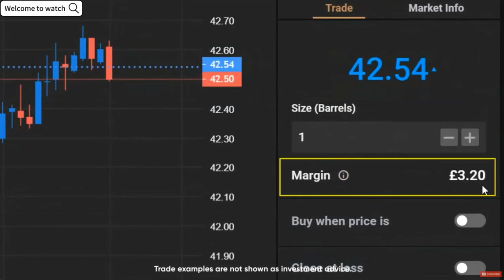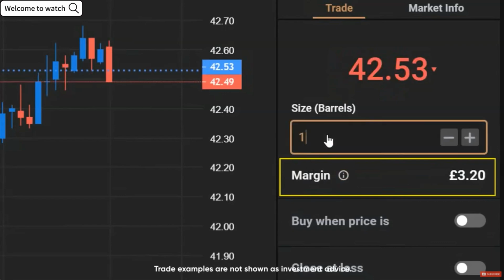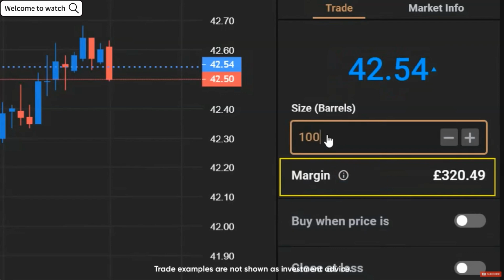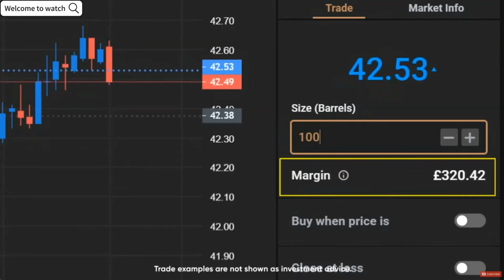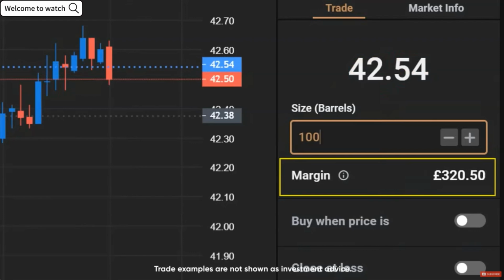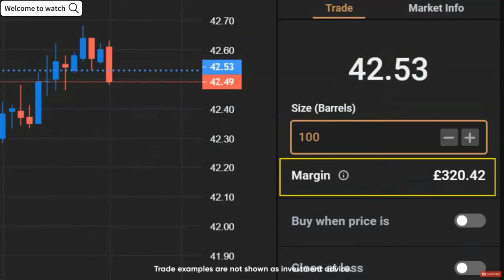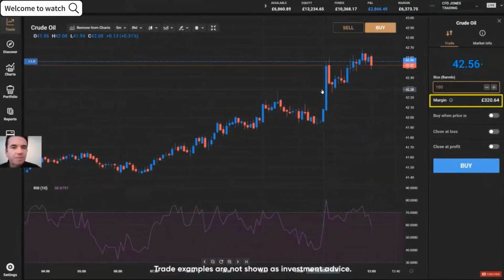So you can see £3.20 is what I would tie up on my account. So if I wanted to trade, for example, 100 barrels of oil, so I now have at $42.50 a barrel, a $4,250 position in the price of oil. I only tie up £320 of margin. So this small initial deposit controls a much bigger position.